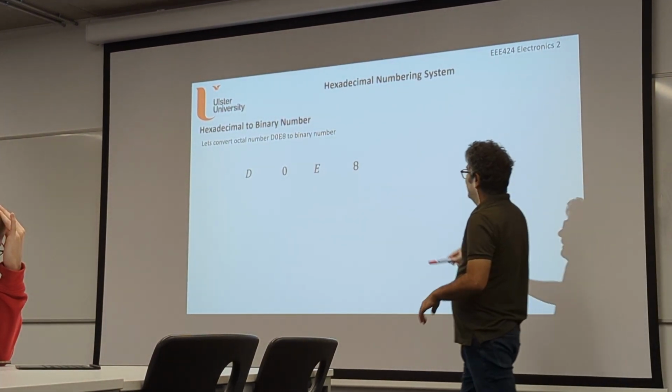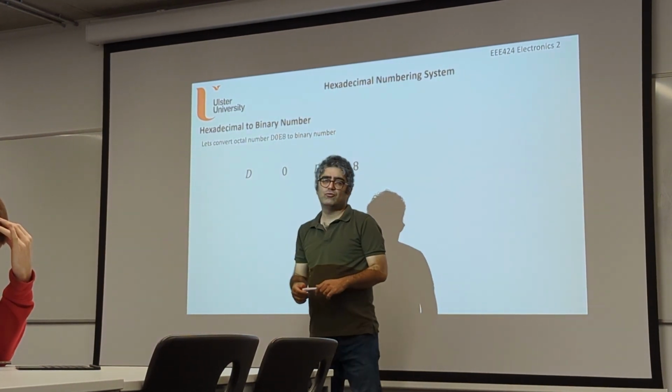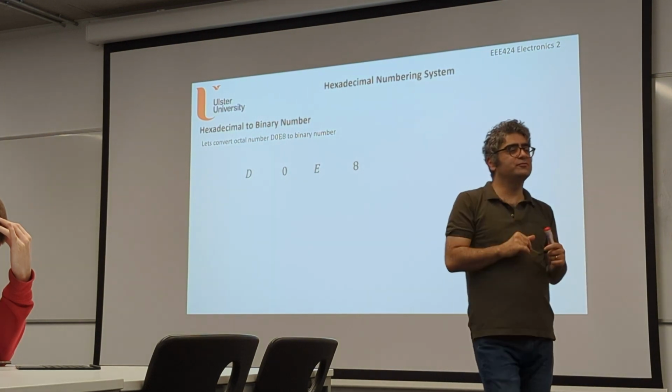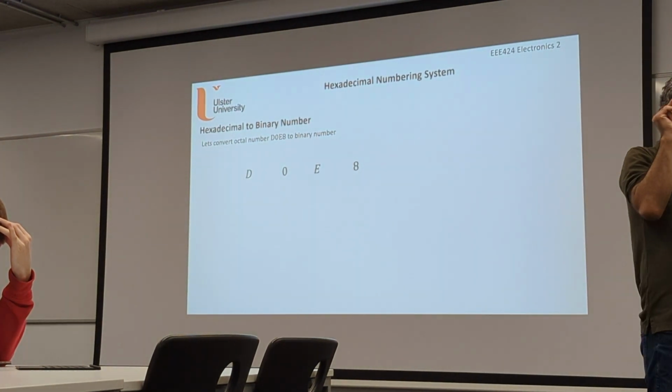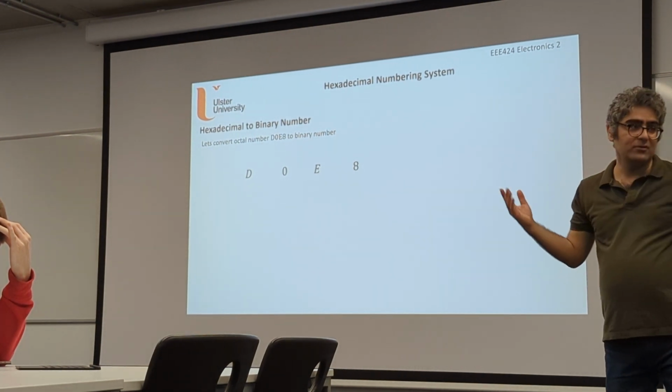One, 2, 4, 8. 8 would be 1, 0, 0, 0. E, 14. 1, 2, 4, 8. 4 plus 2 plus 8. 0, 1, 1, 1. 0, all of them 0.